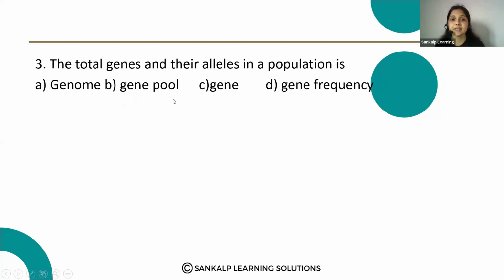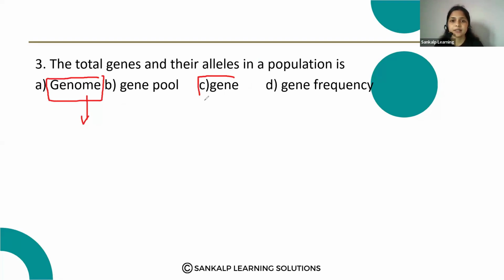The total genes and their alleles in a population is: genome, gene pool, gene frequency. The organism's genome is not the total number of genes and their alleles.